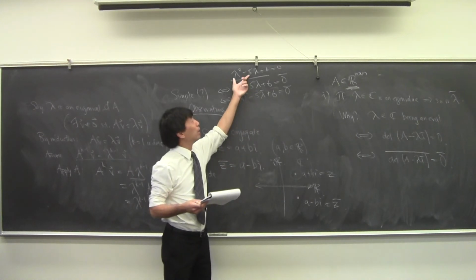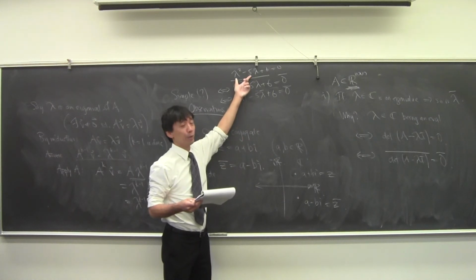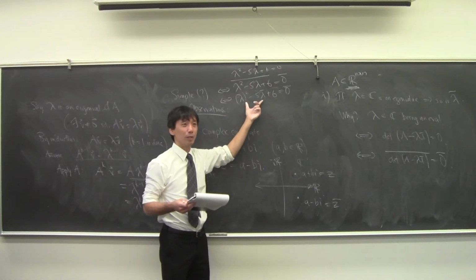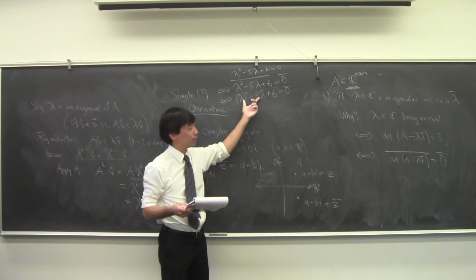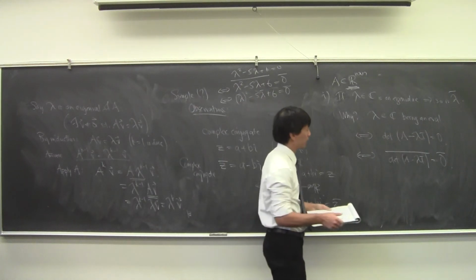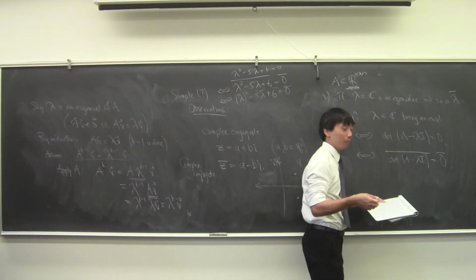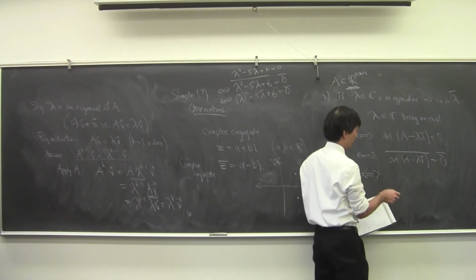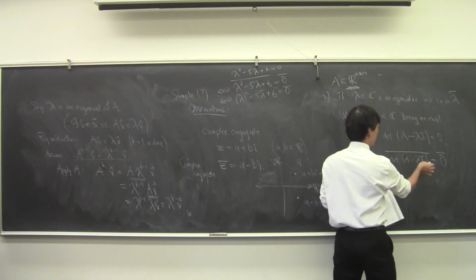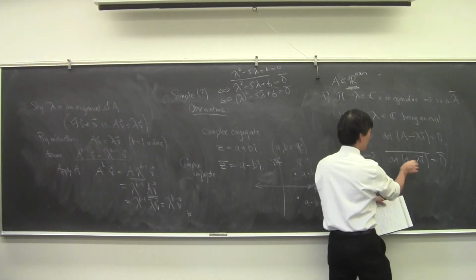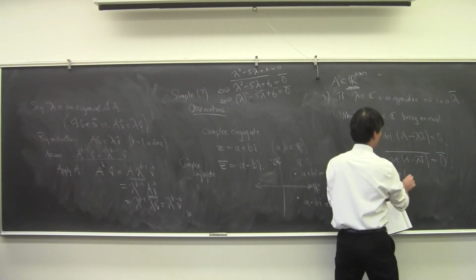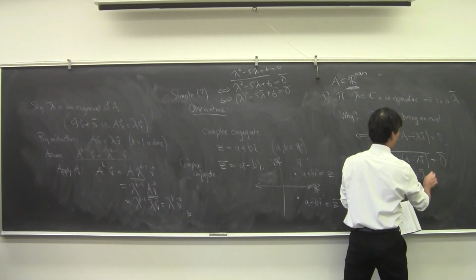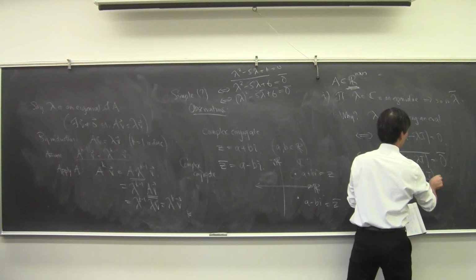So any root of the characteristic polynomial, its complex conjugate is still going to be a root of the characteristic polynomial. I hope that's at least vaguely believable. So what it boils down to here is this: you get the determinant of A bar minus lambda bar I equals 0.